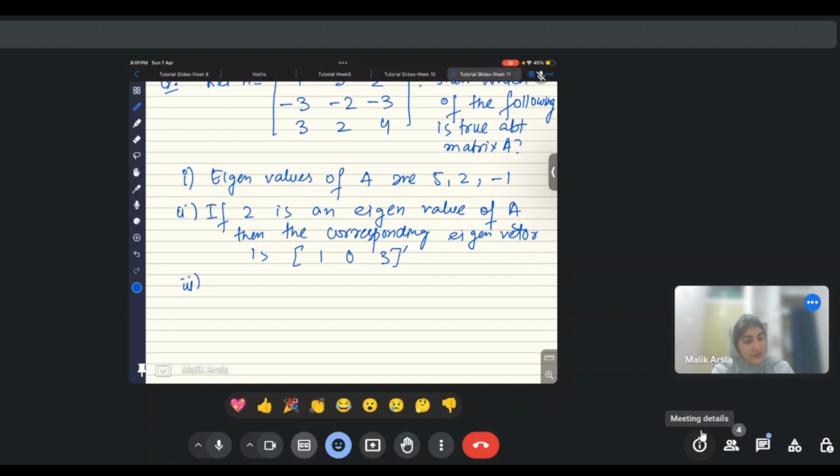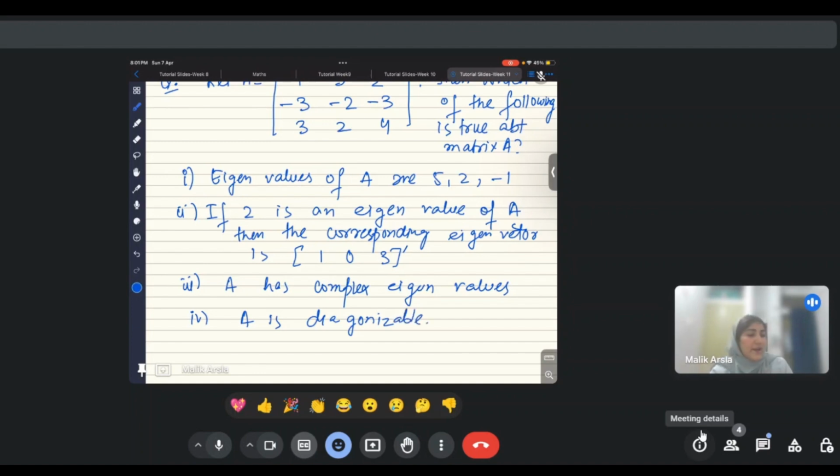Third one is, A has complex eigenvalues. And the last is, A is diagonalizable.